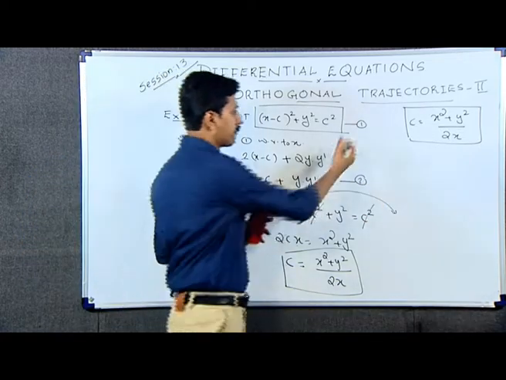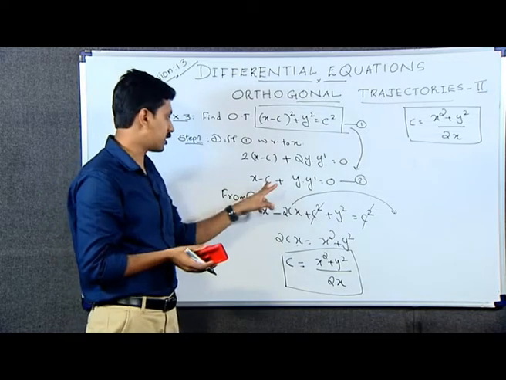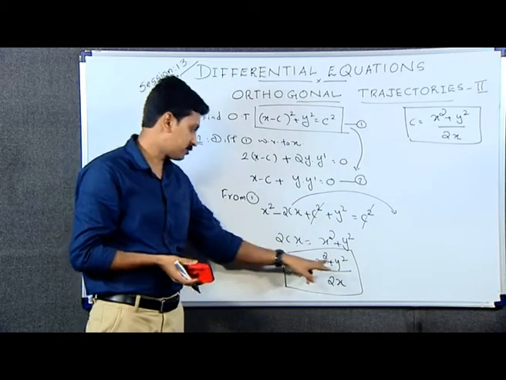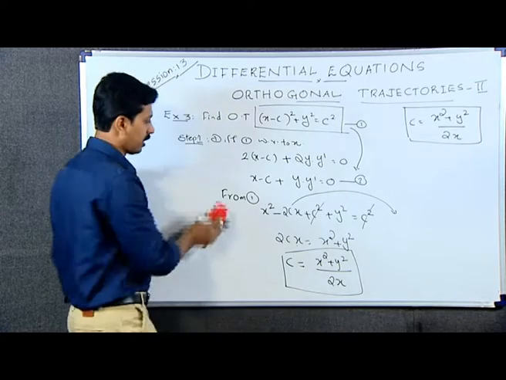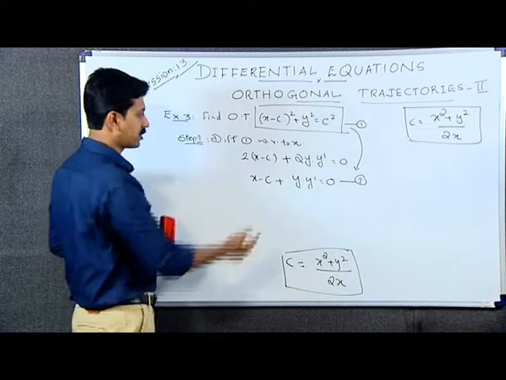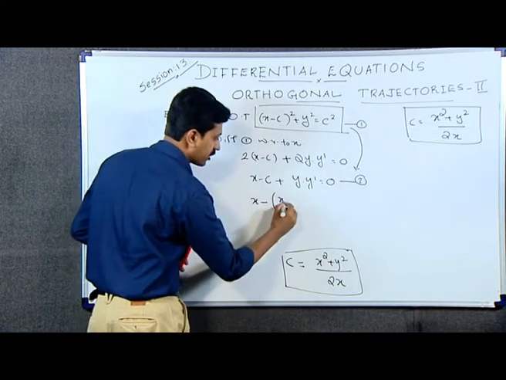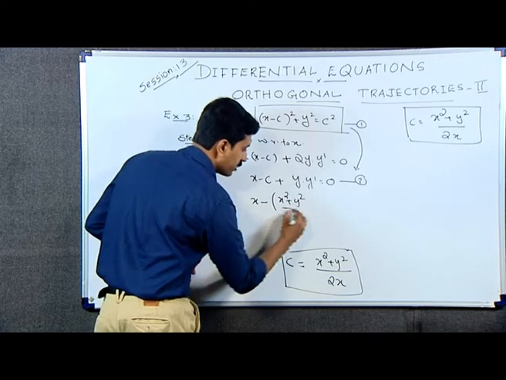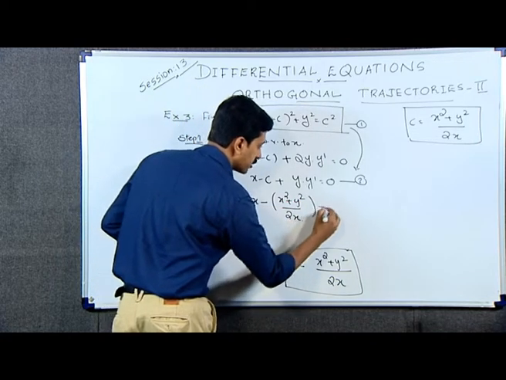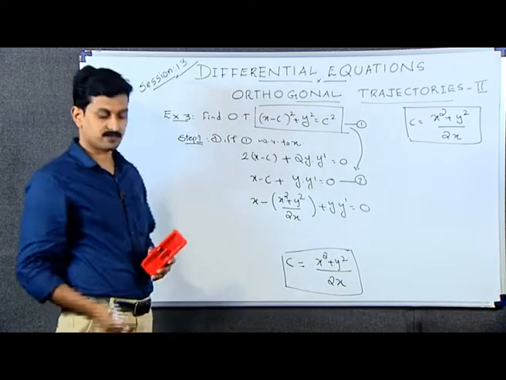Equation 2 is the differential equation corresponding to equation 1. In 2, we replace c by (x square plus y square) divided by 2x. So, equation 2 becomes x minus (x square plus y square) divided by 2x plus y y dash equal to 0.